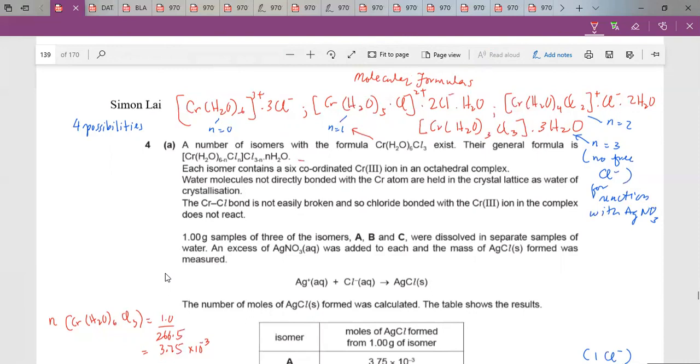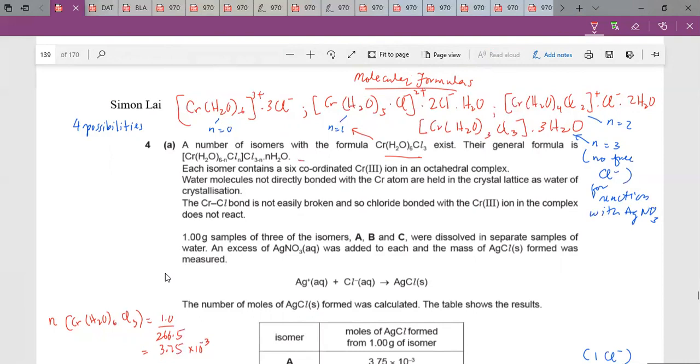A number of isomers with the formula. So now this formula CrH2O6Cl3, this is the molecular formula, okay? This is the molecular formula, right? The whole thing. They didn't tell you who is bonded to whom, okay? Their general formula is this one here.